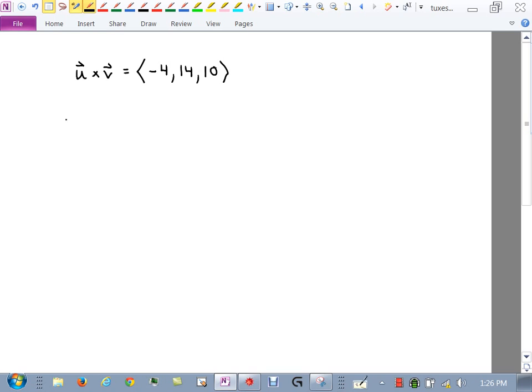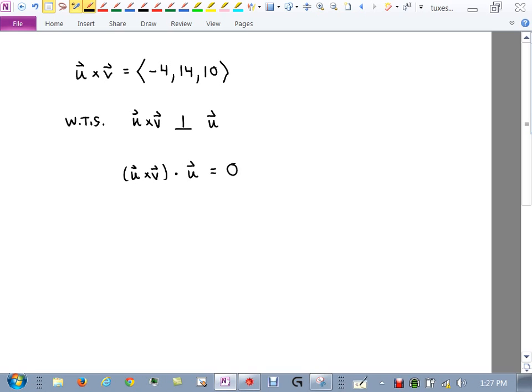I want to show that U cross V is orthogonal to U. That's a symbol we usually use for orthogonal, perpendicular. So what I want to show really is that when I take U cross V and I dot it with U, I get 0.